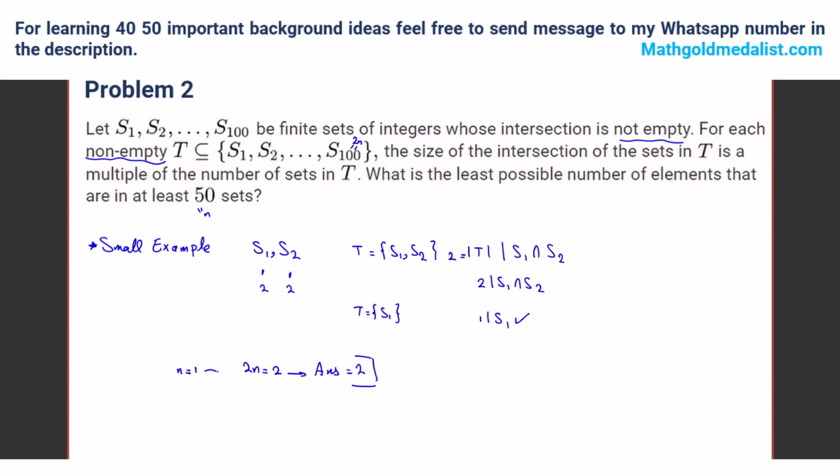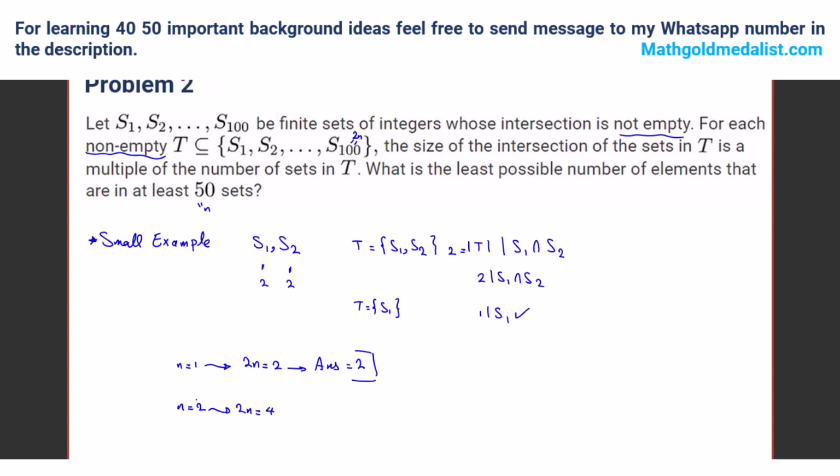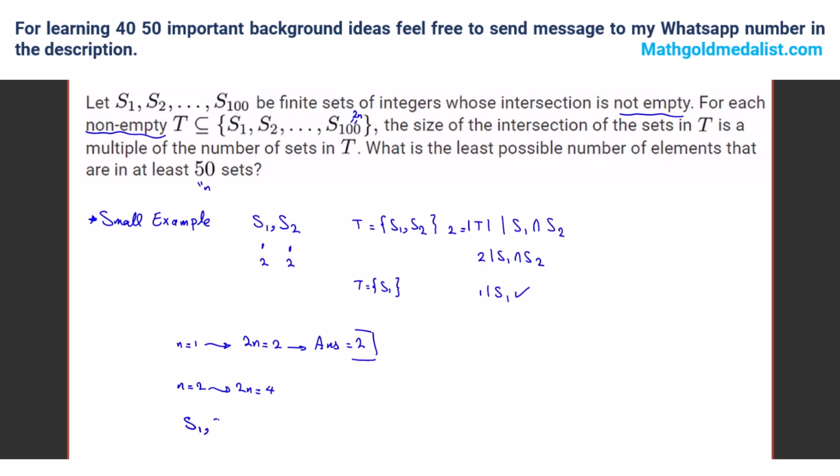Yes, exactly. If you have n equal to 2, then 2n is 4, right? It means that we have 4 subsets, S1, S2, S3, S4, right? Then what divides what? Yes, the number of elements.